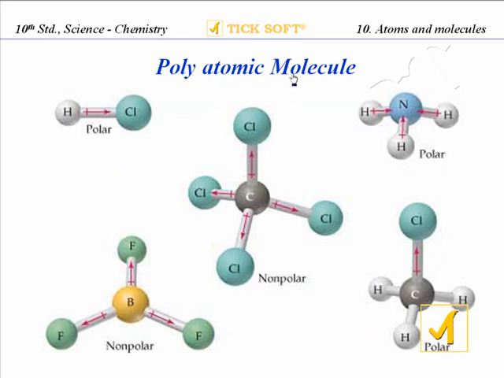A polyatomic molecule contains more than two or three atoms. Different molecules are close together. For example, hydrogen chloride is a polar molecule because hydrogen carries a positive charge whereas chlorine carries a negative charge. Non-polar molecule: carbon tetrachloride, CCl4, is a non-polar solvent.